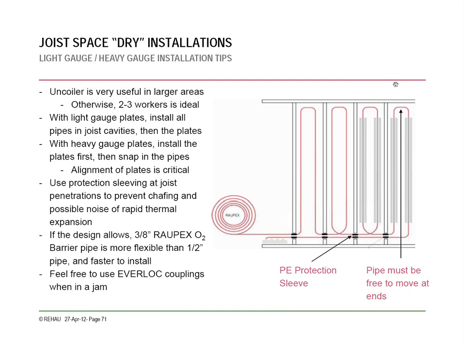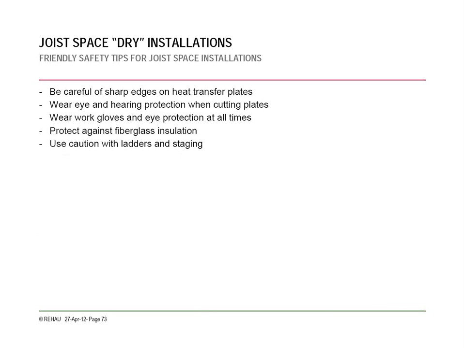And as it shows here, you want to make sure the ends are loose for thermal expansion so there's no noise when the system's going on and off. And with these plates, you have a choice between 3/8 and 1/2 inch tubing. The ROW plate uses 1/2 inch. Again, with all these, be careful of sharp edges, wear protective gear, be careful with fiberglass insulation, and of course, ladders.